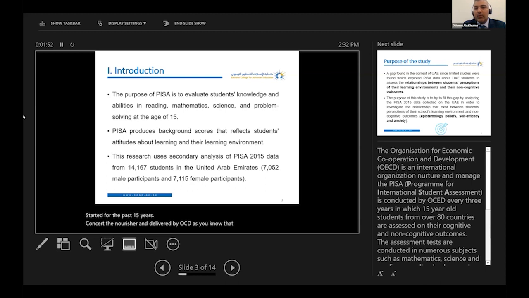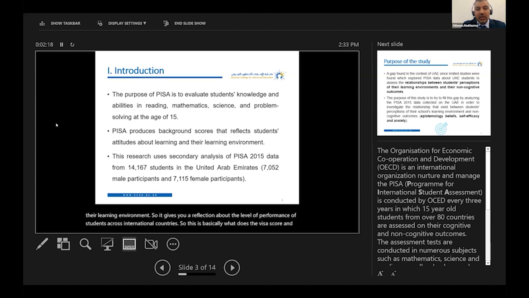It talks about student scientific literacy at age 15. It produces background scores that reflect students' attitudes, learning, and their learning environment. So it gives you a reflection about the level of performance of students across international countries. So this is basically what the PISA scores.